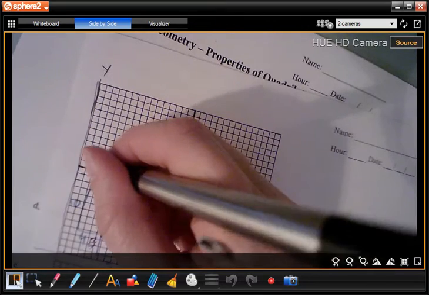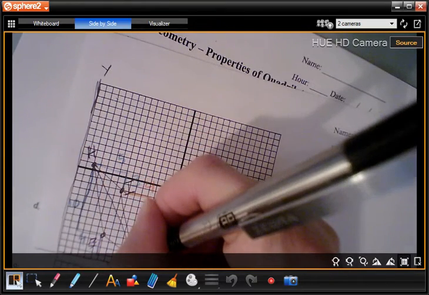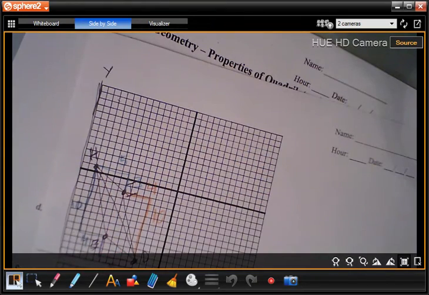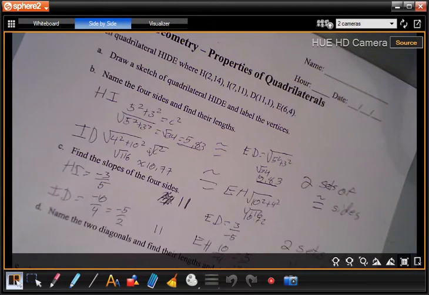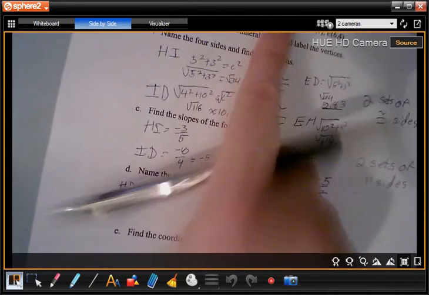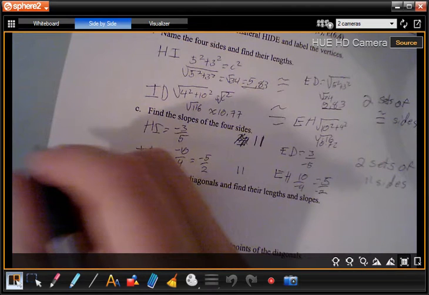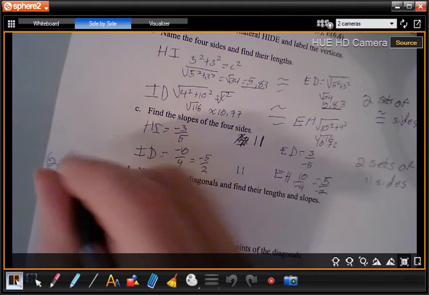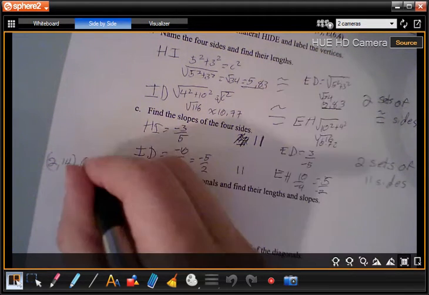Now, diagonals. For this diagonal, I want H to D right here, this whole long one. And I'm going to show you how to do that using the distance formula. So if we're going to find the length of H to D, I'm just going to rewrite the points H and D down here. H is (2, 14), D is (11, 1).